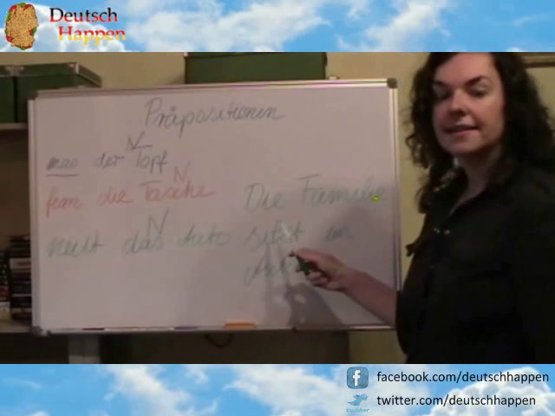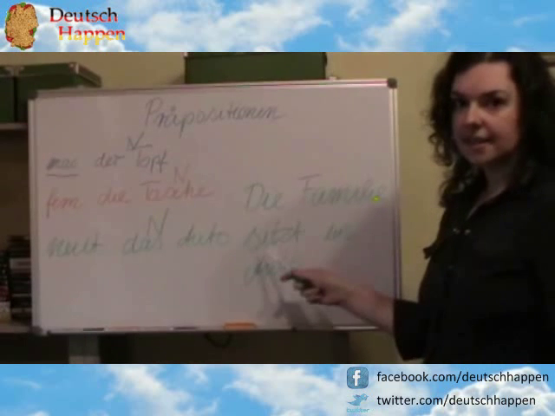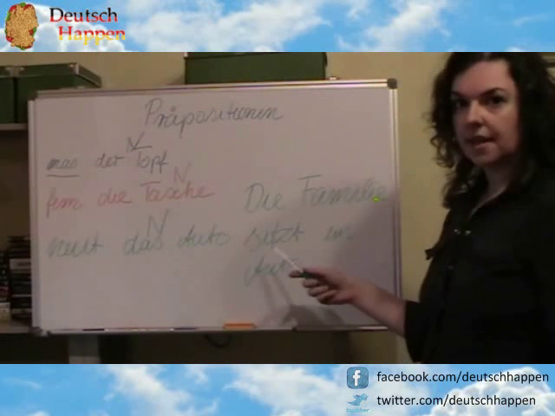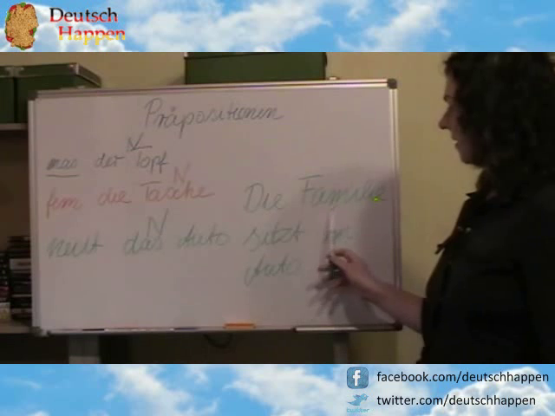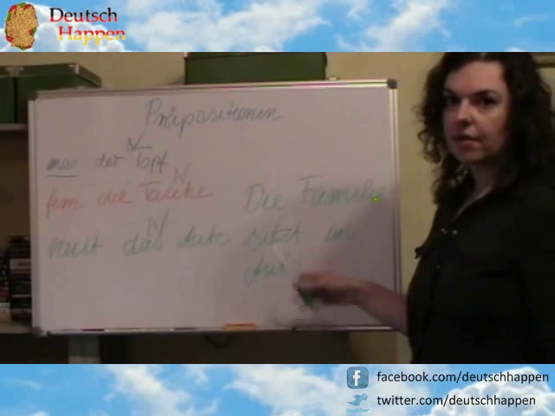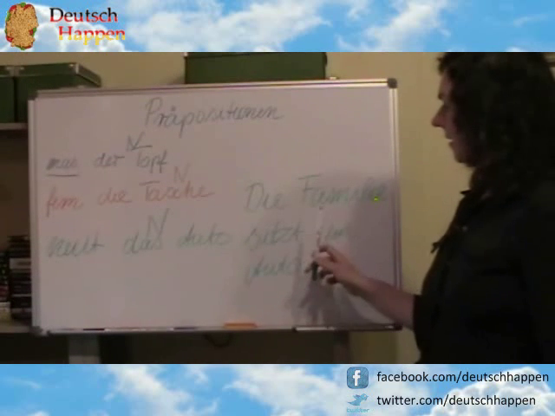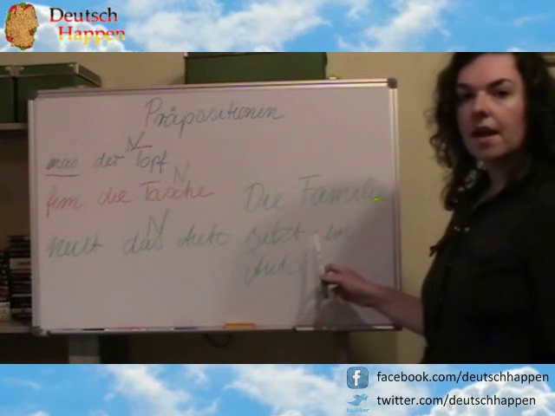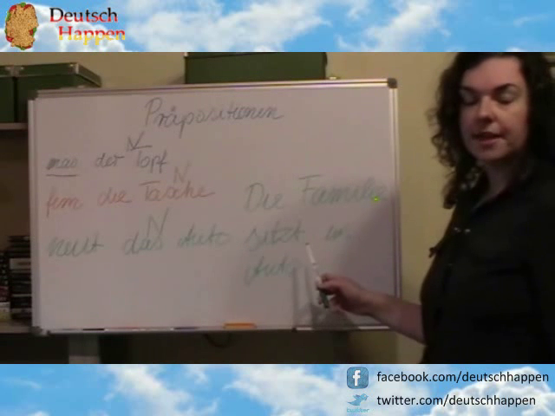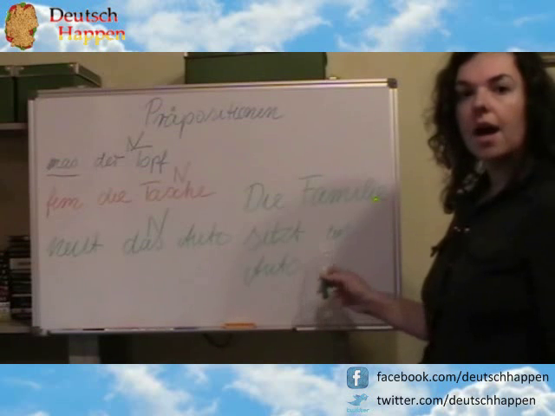Die Familie sitzt. Sit is sitting, are sitting. Singular here because family is always singular in German. Die Familie sitzt. And now where? Dative object again. Im Auto.